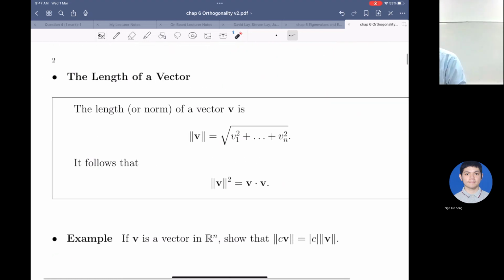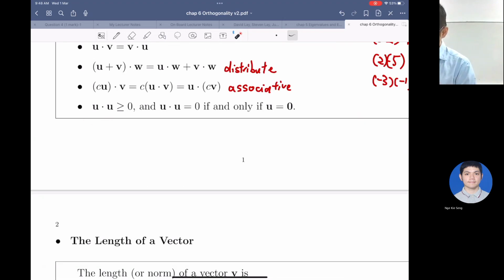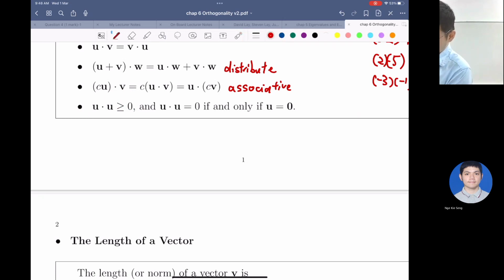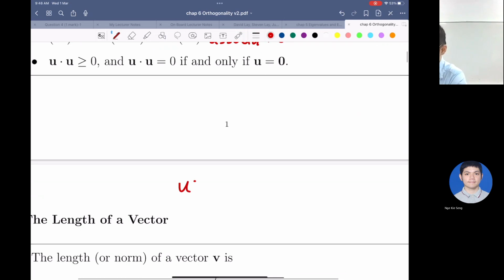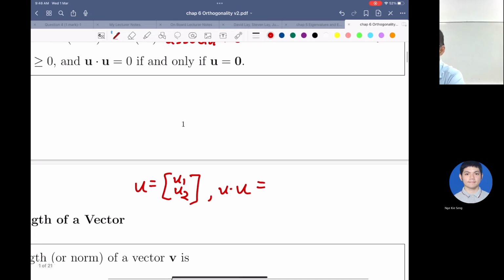Next. So actually, what is u dot u here? When you dot yourself, what do you get? Let's take for example u equals u1, u2. Let's say we take u dot u.